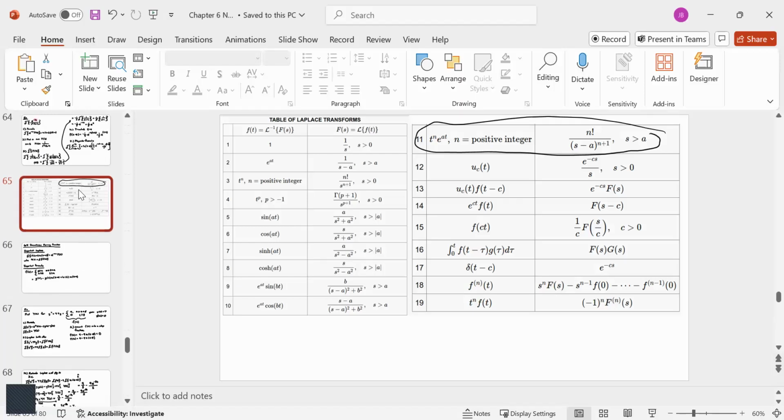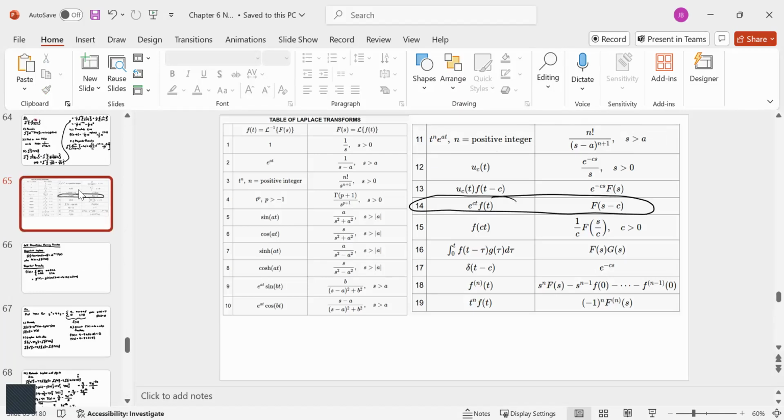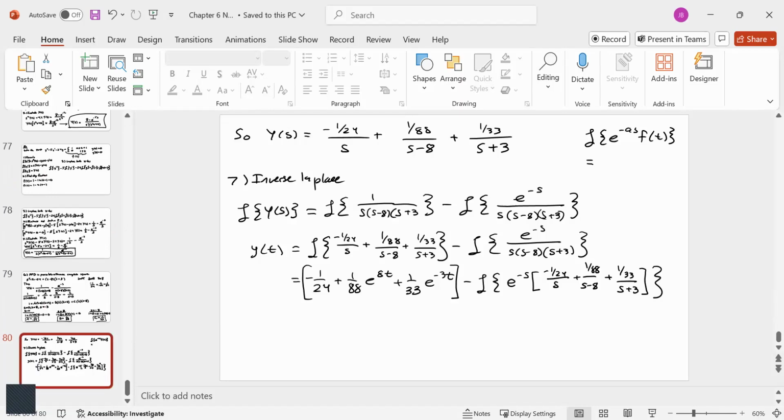When you have e to the at times a function, which is somewhere around here, number 14, it's just the translation. You just shift it over. So we already know what the Laplace transformation is. It's going to be the Laplace transformation of f of t shifted from s to s minus a. That's what we talked about in previous sections.